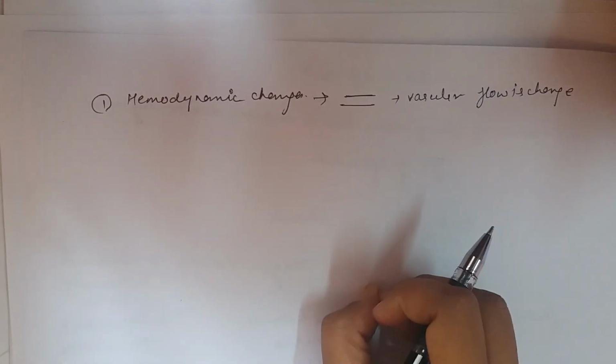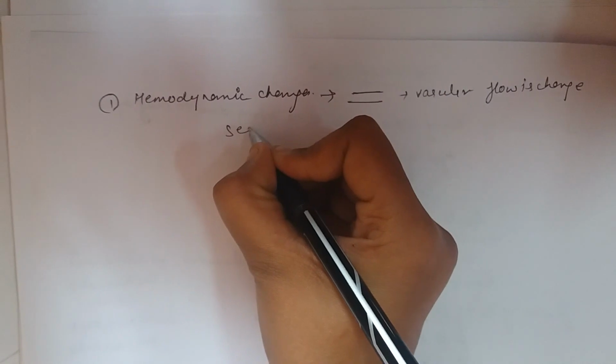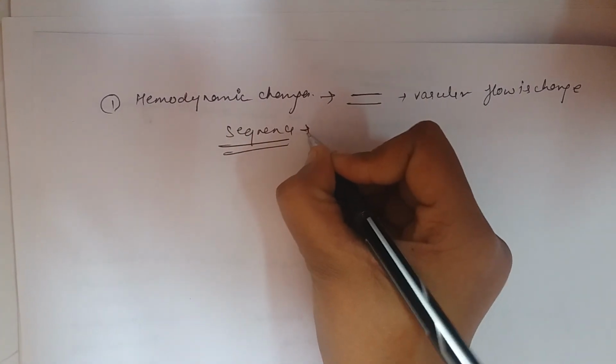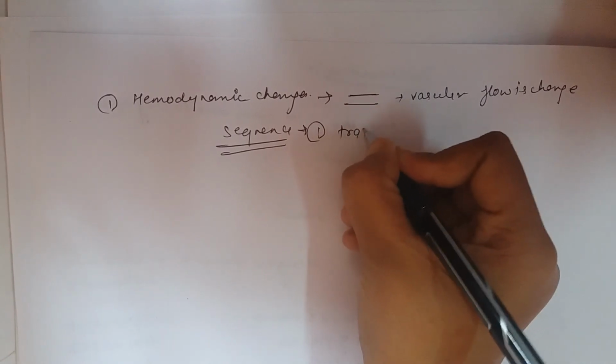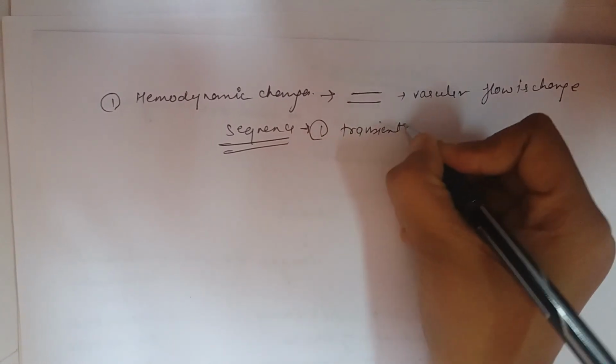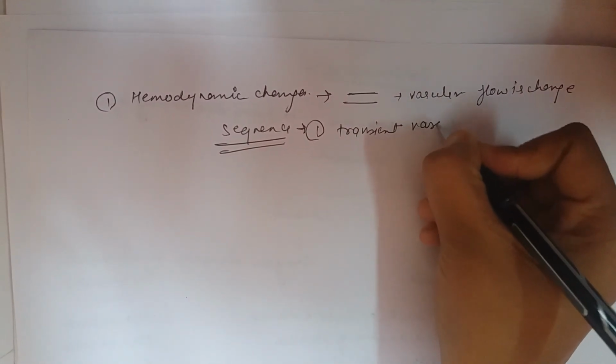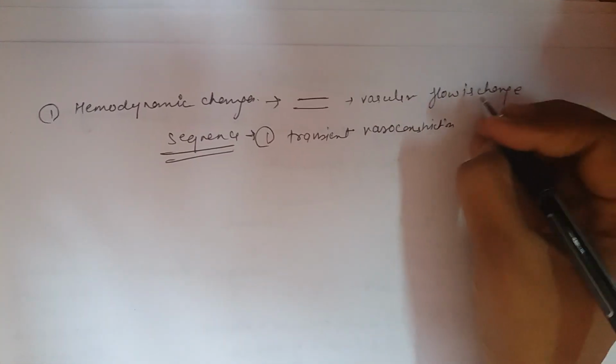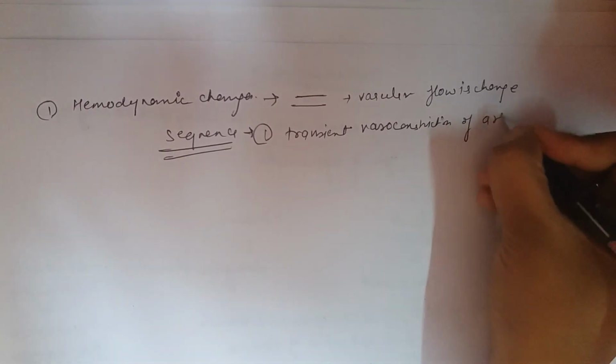There is a sequence of changes. First of all, transient vasoconstriction of arterioles.